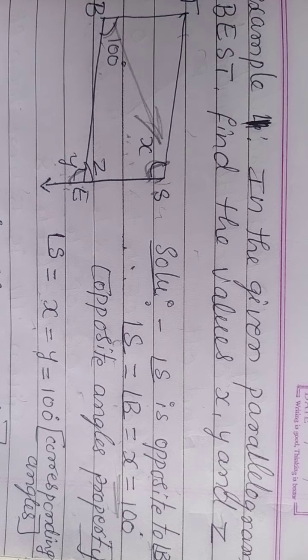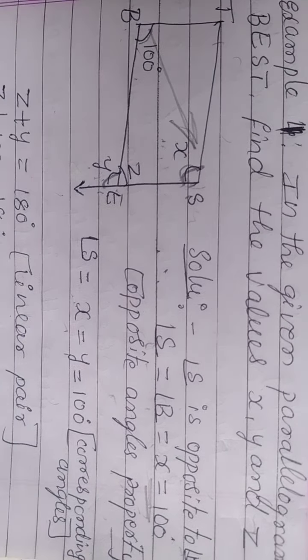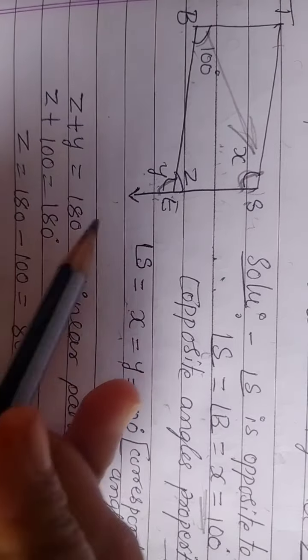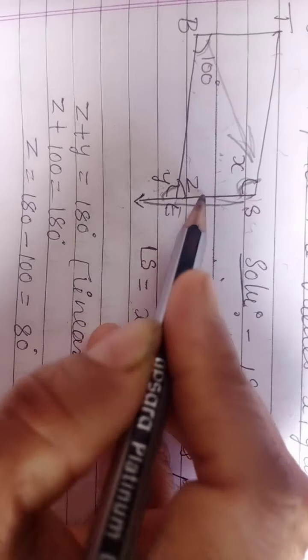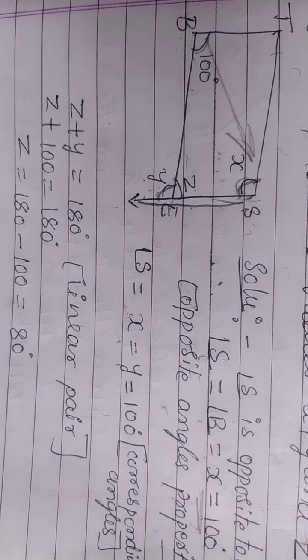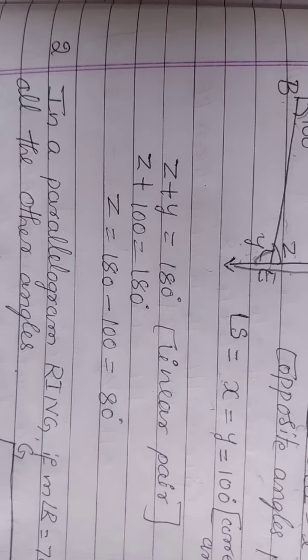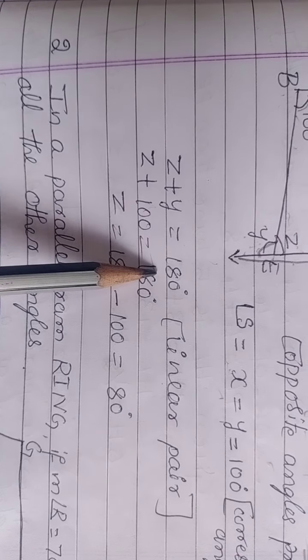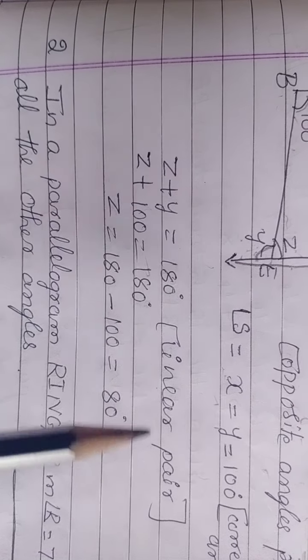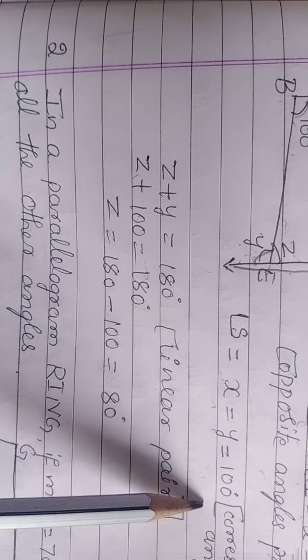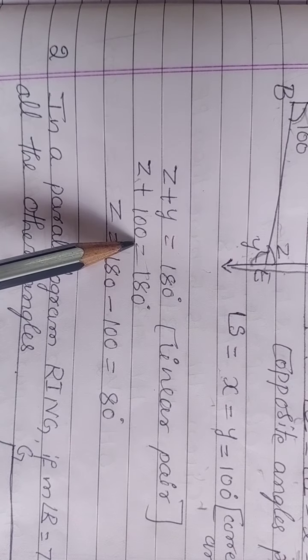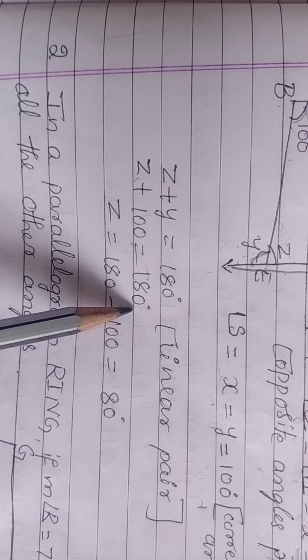Now what is left? z is left. What can we apply? See here, it is a straight line standing on this line. At that time these two angles will become a linear pair. That's why you can take x plus y is equal to 180 degree, which is a linear pair. But we know y is how much? 100. Substitute, 100 plus z is equal to 180.